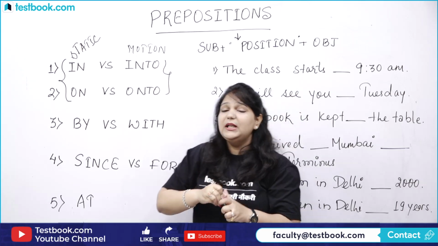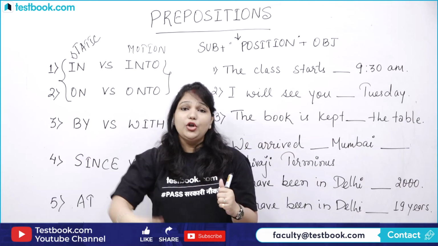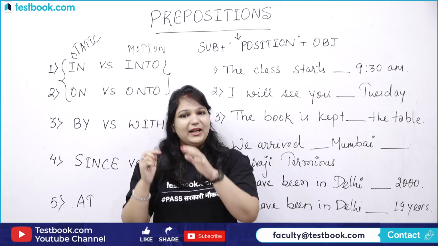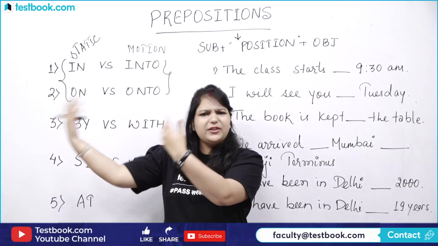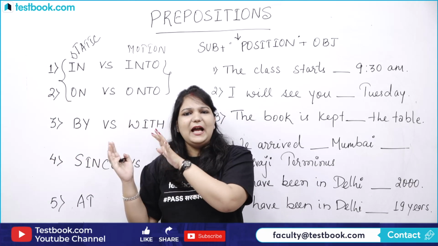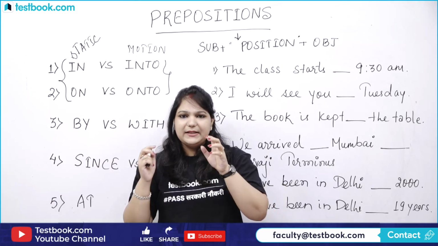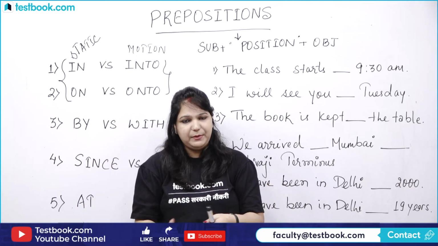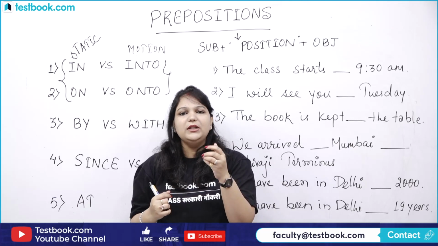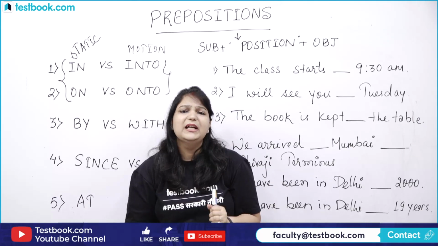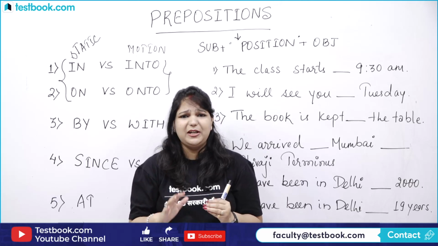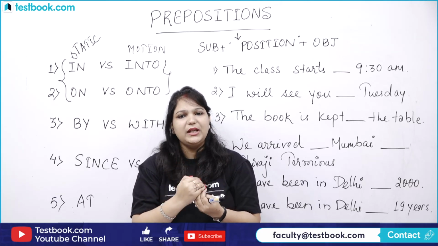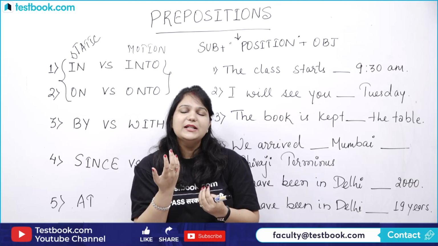For example, the cat jumped onto the table, right? That cat must have been on another chair, and while I am saying this line, at the same time the cat has jumped onto this table. That means you are showing the motion. But if I say the cat is sitting on the table, that means the cat's position is fixed at the time when you are saying this.